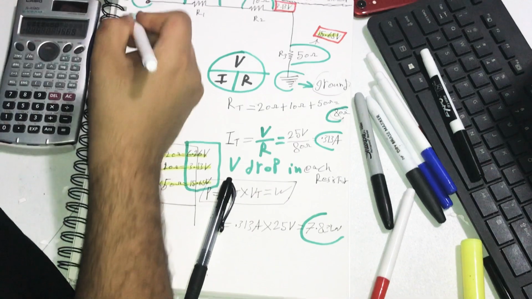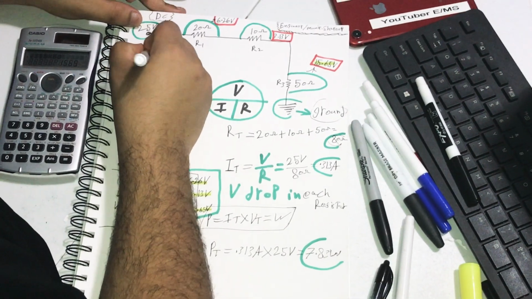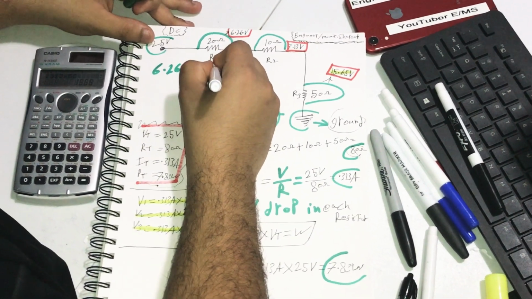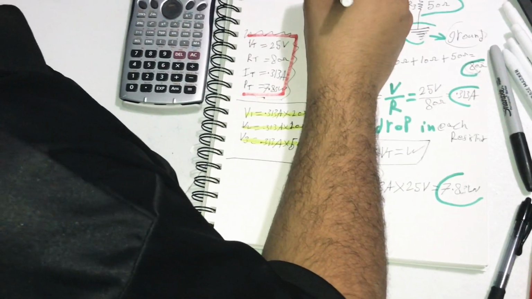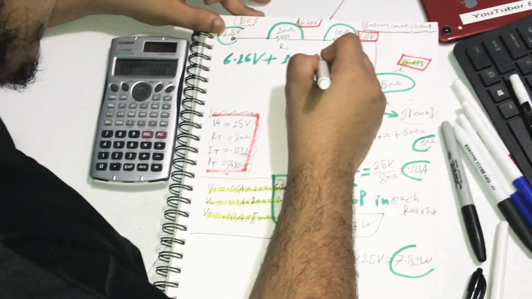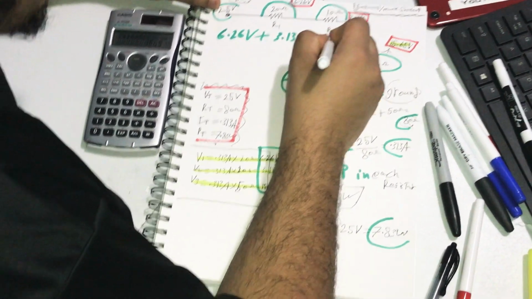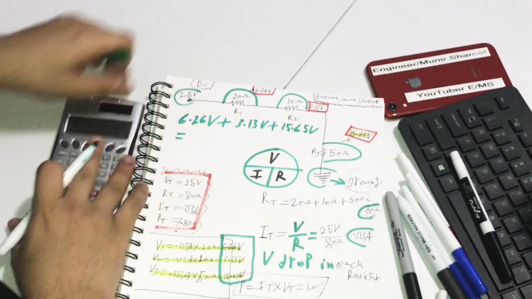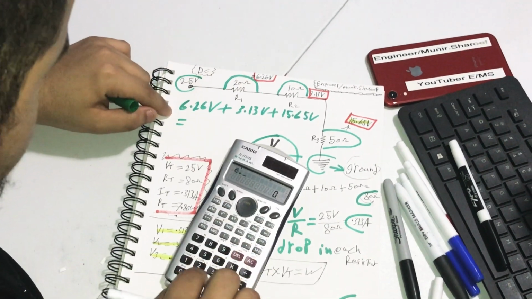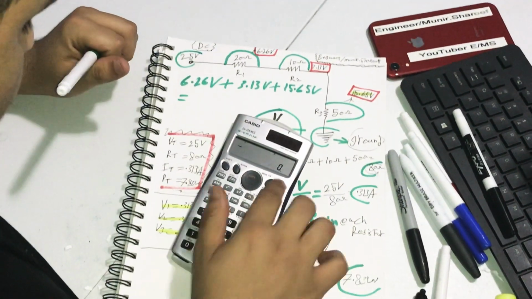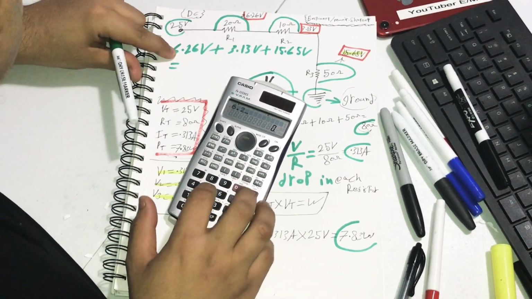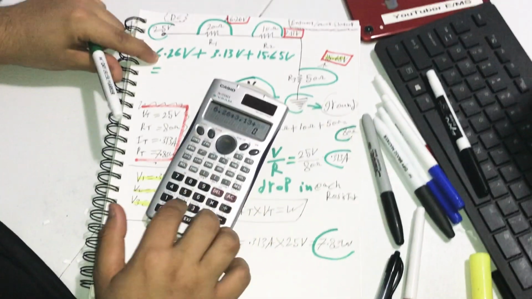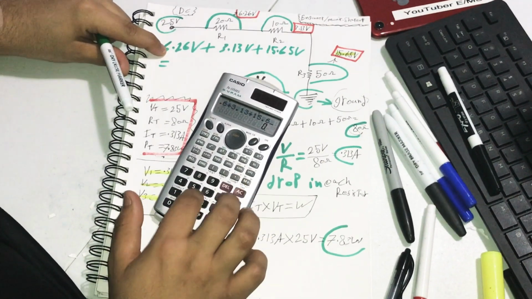You're going to put 6.26 volts plus 3.13 volts plus 15.65 volts equals, you can use a calculator, 6.26 plus 3.13 plus 15.65.